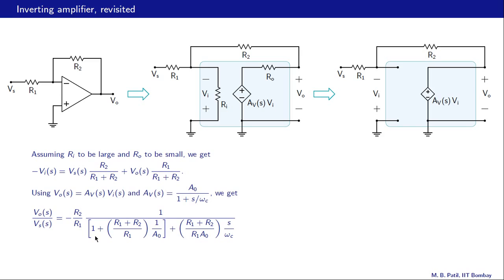And now we can rewrite the gain of the inverting amplifier, VO by Vs, as minus R2 by R1 times 1 divided by 1 plus S over omega C prime. Now this expression here is the same as this term, and omega C prime is omega C times A0 divided by 1 plus R2 by R1.